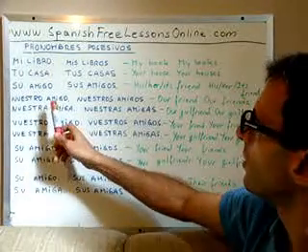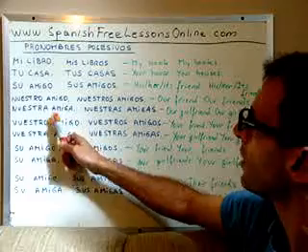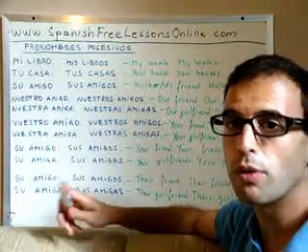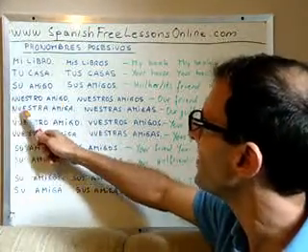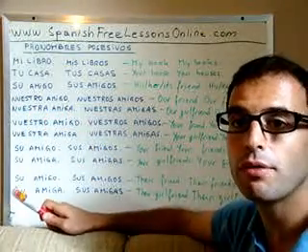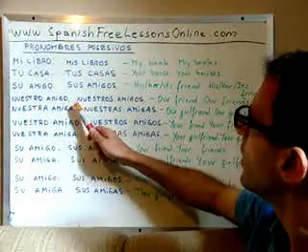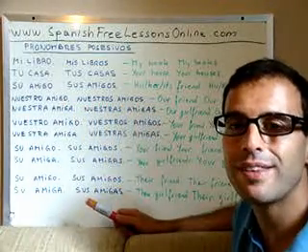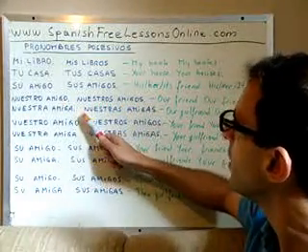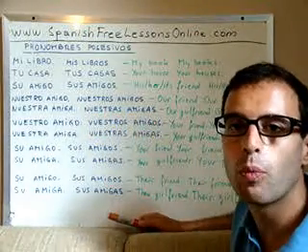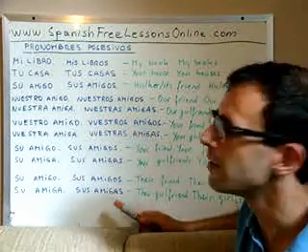We can see this here for friend and girlfriend. Nuestro amigo, our friend. Nuestra amiga with A is our girlfriend. Nuestros amigos, our friends. And nuestras amigas, our girlfriends.